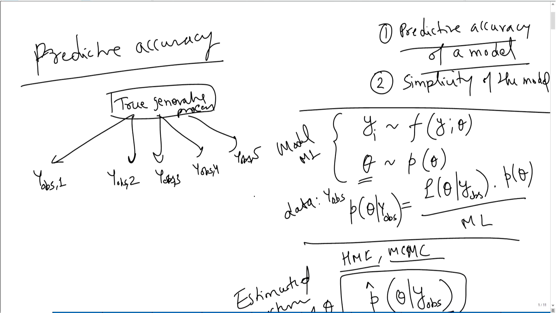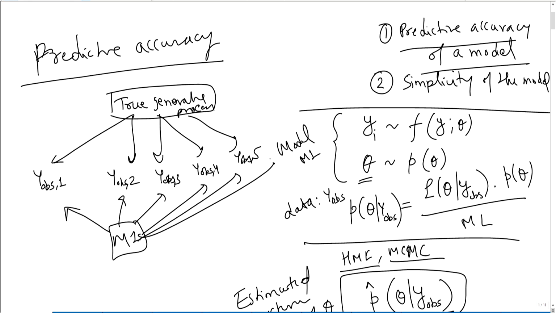Okay, so what would be a good model? A good model will be the one which can correctly predict all these 5. Why? Because what we want, the goal of the inference, is to reach closer to this true generative process. Okay.